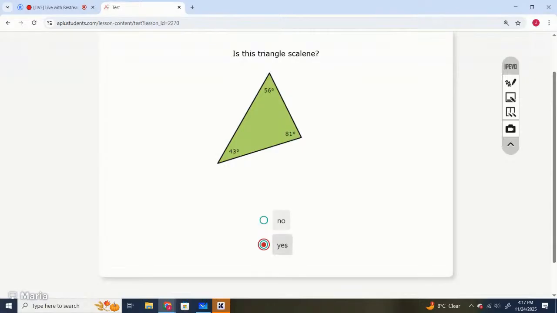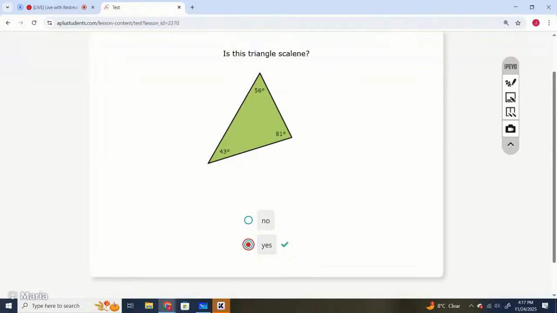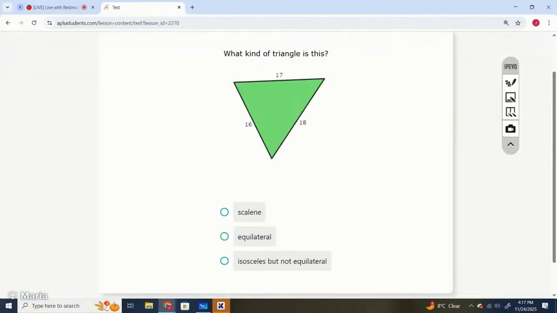The correct option is yes, scalene triangle it is. What kind of triangle is this? That is the scalene triangle because all the sides are different in measurement.